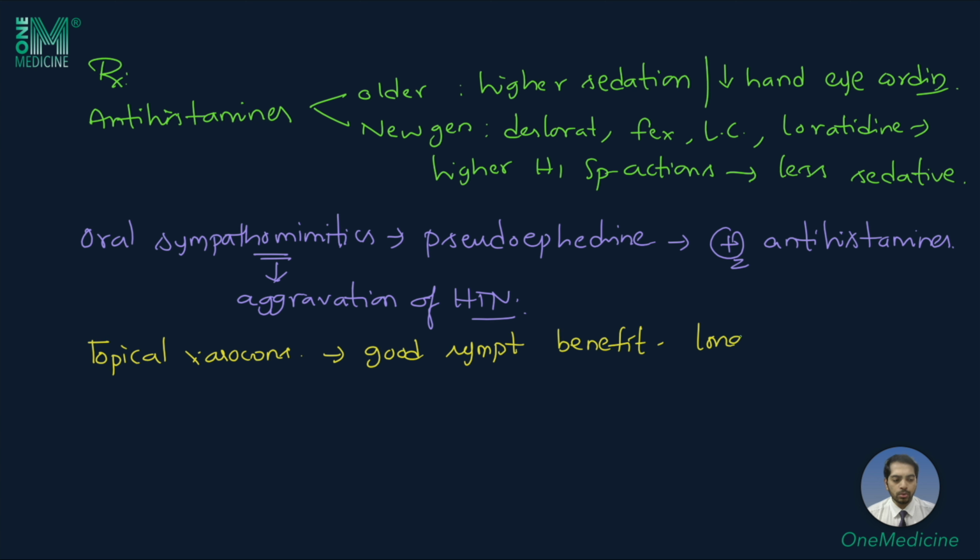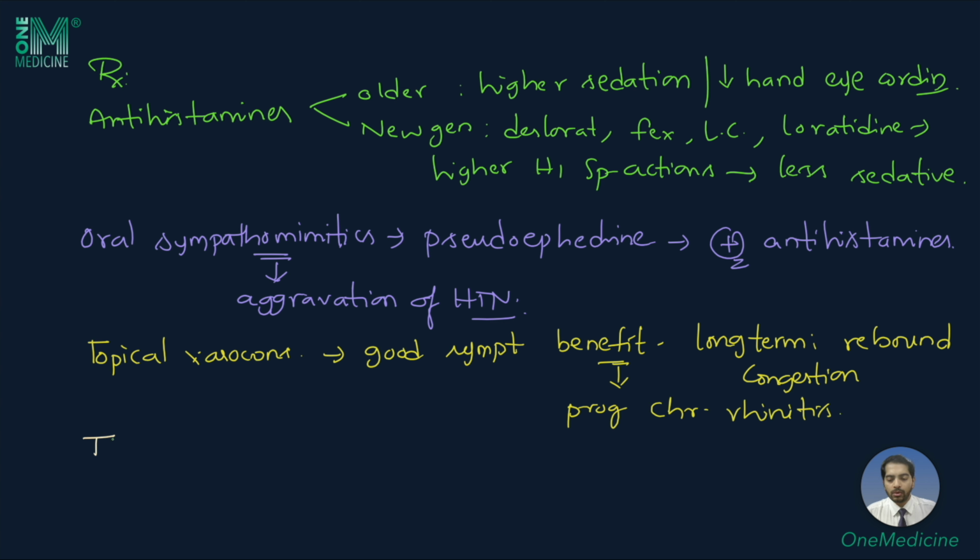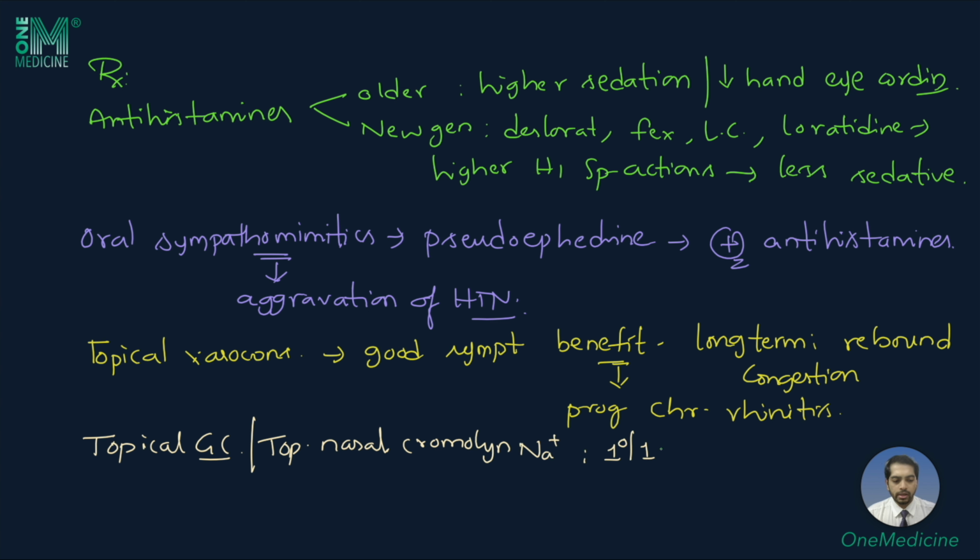However, long-term use can cause rebound congestion, and these may also progress the disease to chronic rhinitis. Other medications include topical glucocorticoids, topical nasal cromolyn sodium, which is usually given as 1 to 2 drops in each nostril 4 times a day, azelastine, and even ipratropium can also be used as topical agents.